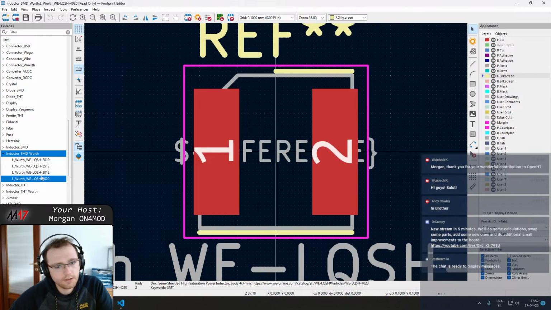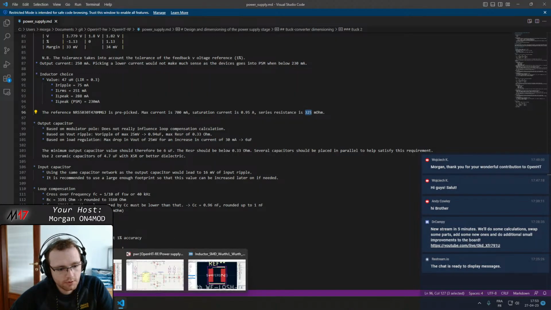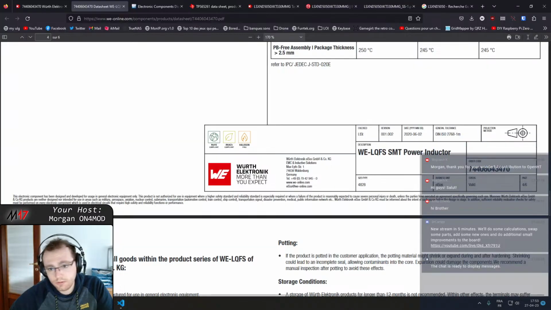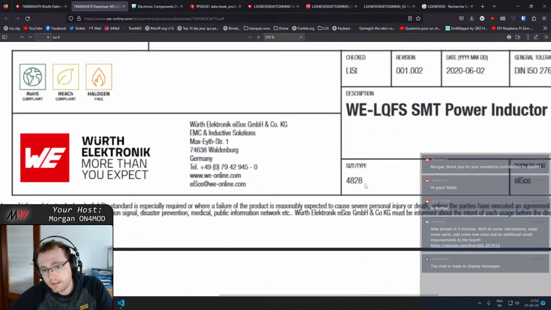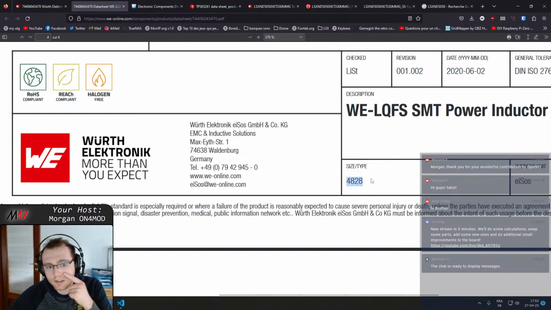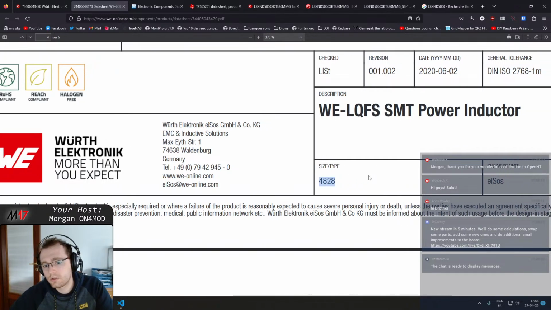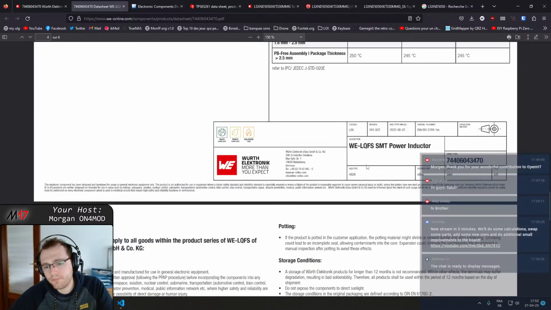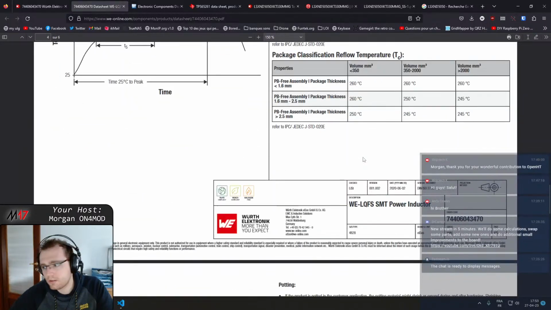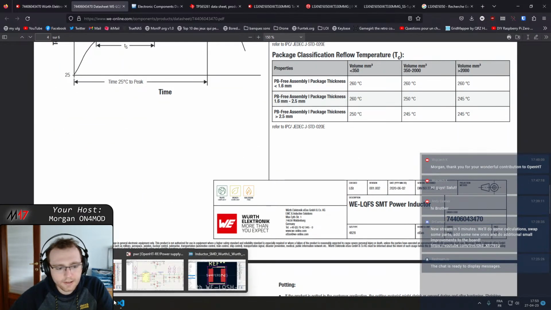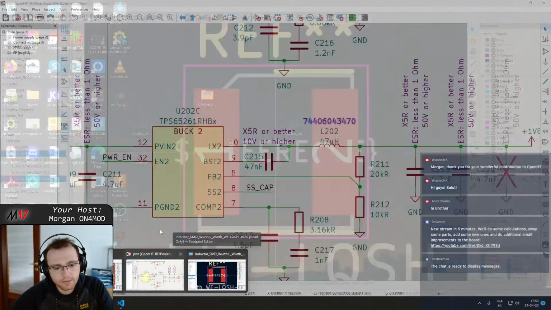Is it the size? No, it can't be. Oh, size here, 4828. Oh, I guess it's the length of a side and the height of the device.